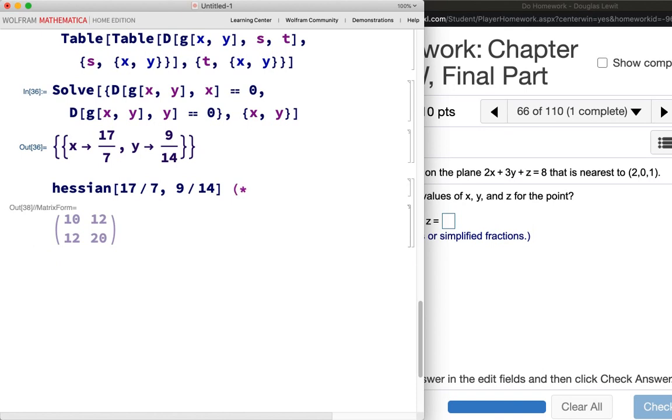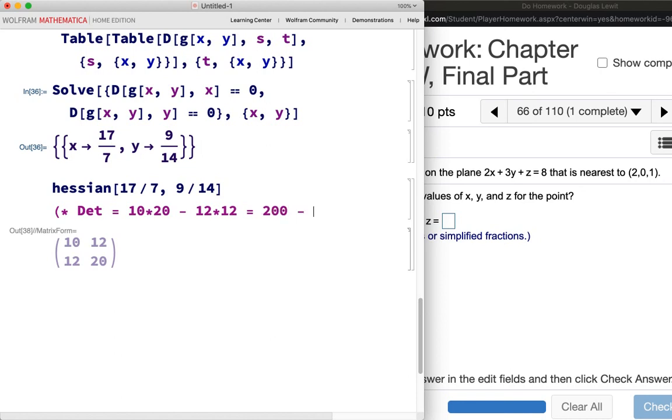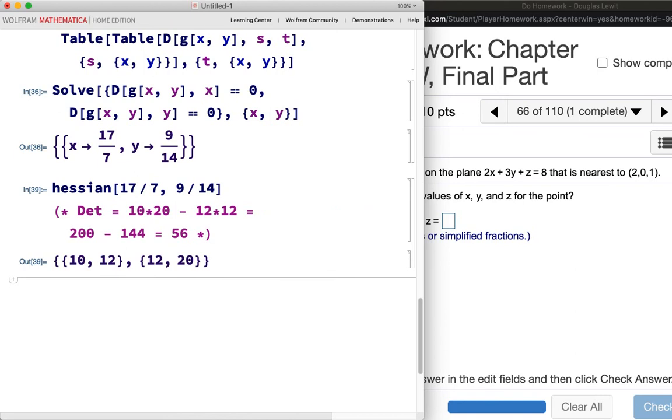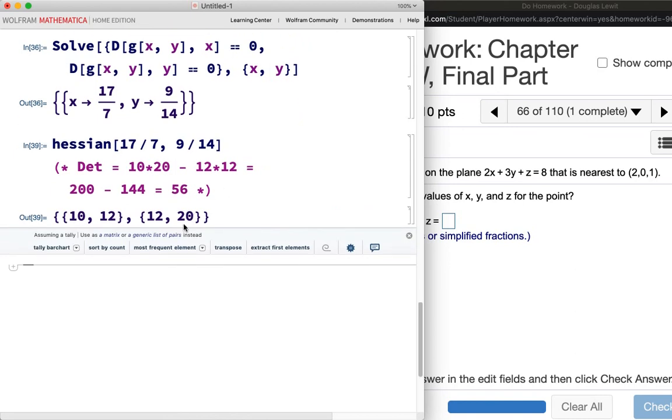The determinant is going to be 10 times 20 minus 12 times 12. Yes, that will be positive. Okay, sorry. That's 200 minus 144, so that's going to be 56.